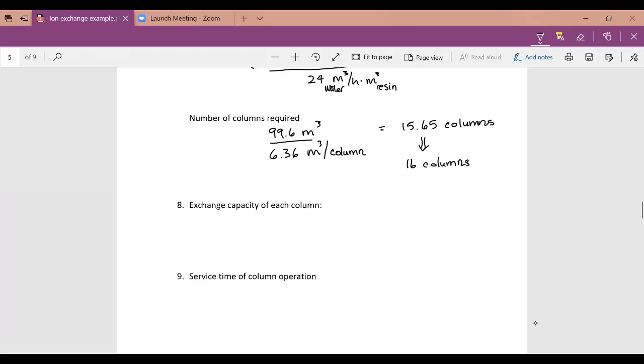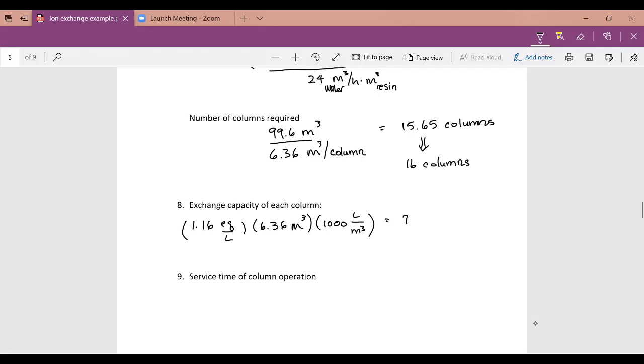So the exchange capacity of each column is 1.16 equivalents per liter times 6.36 meters cubed times 1,000 liters per meter cubed.